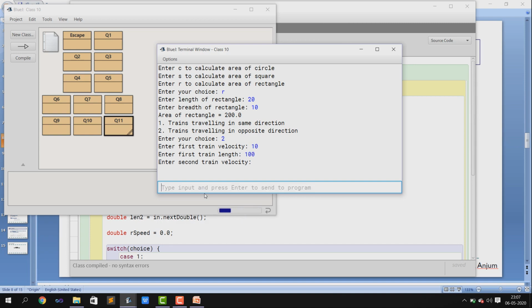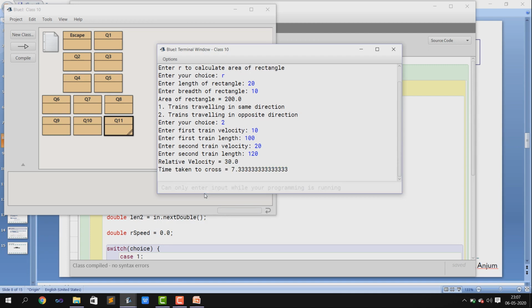Length 100. Second train velocity, let us enter 20, and the second train length, let us give 120. Now this is the relative velocity, the addition of both the velocities, 10 plus 20, and the time taken to cross is 7.333333 and so on.